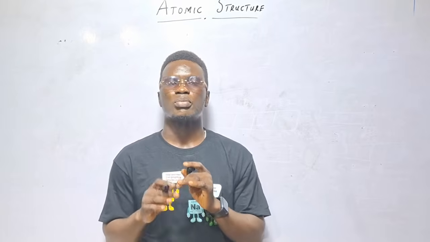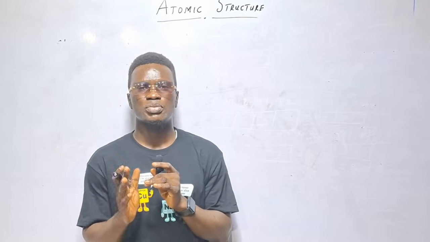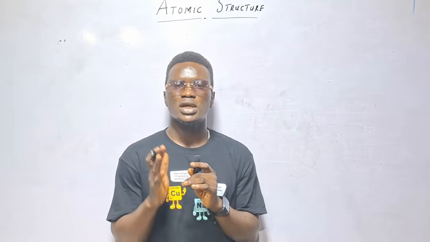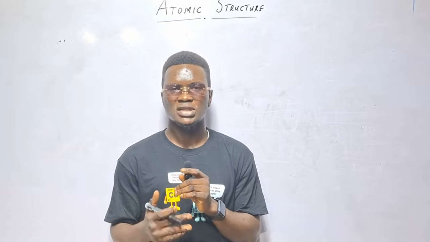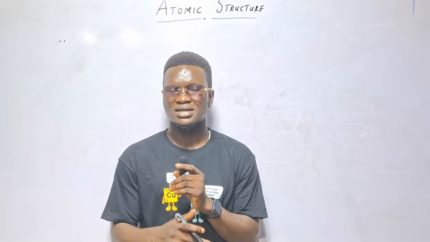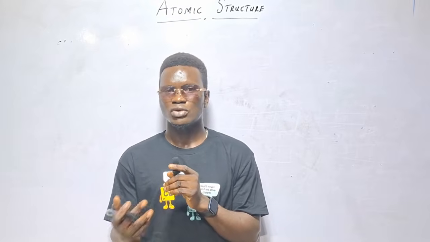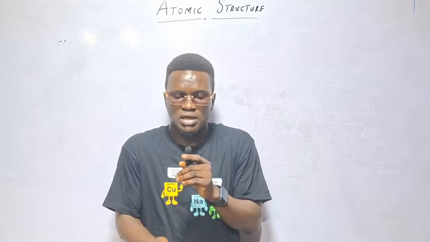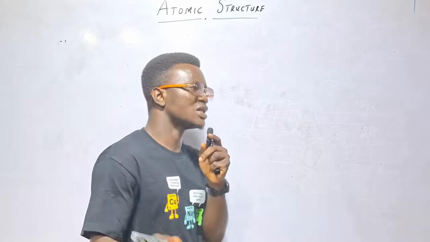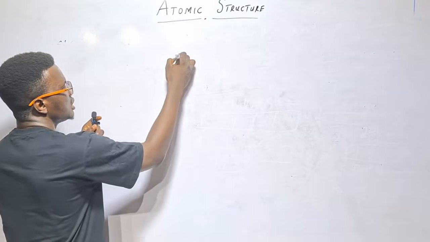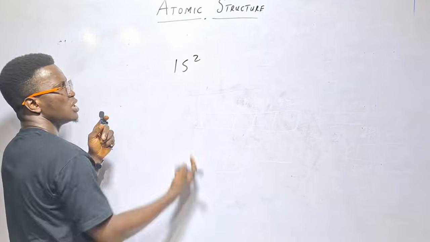So the Pauli exclusion principle states that no 2 electrons can have the same set of values for the 4 quantum numbers. That means that no 2 electrons can act in an identical manner. Even though you are from the same parent, you cannot behave exactly in an identical way. So for example, from what we just finished, if I have 1s2, there are 2 electrons here.